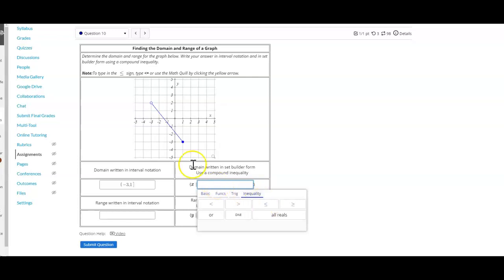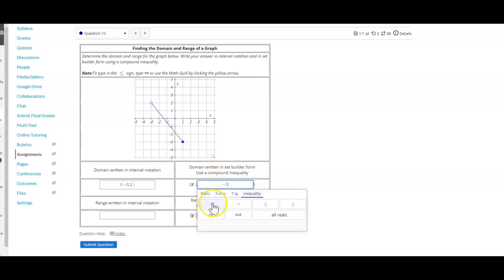What we want to say is that x is between -3 and 1. All of our x values are between -3 and 1. I'm going to write it down and then explain a little bit.